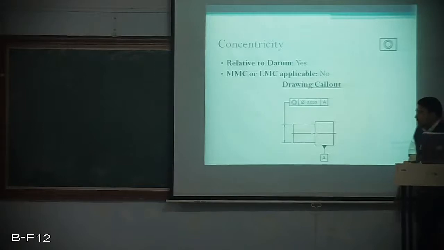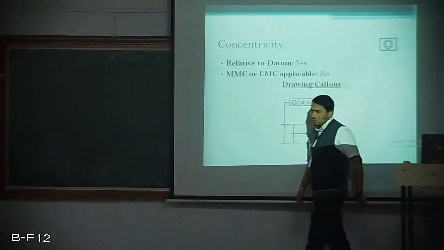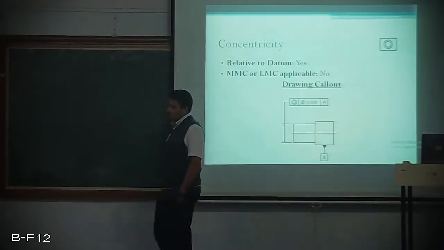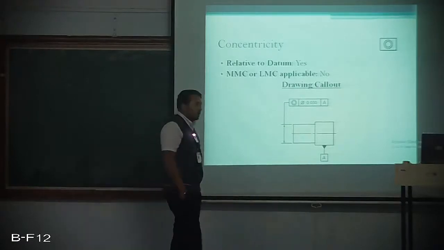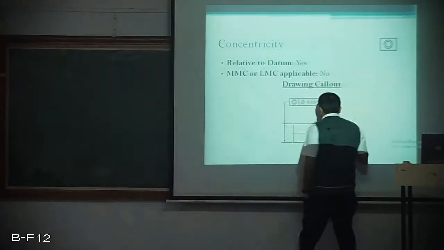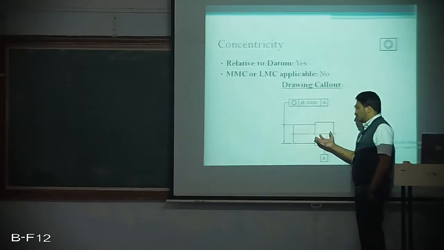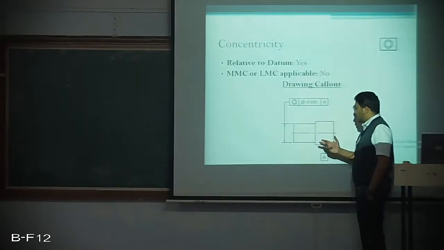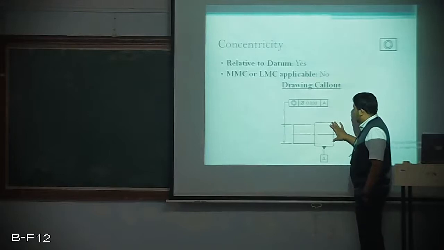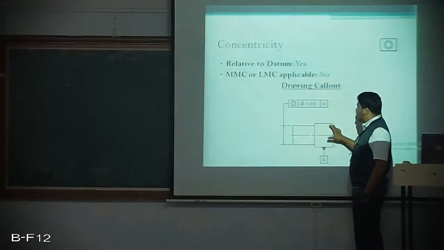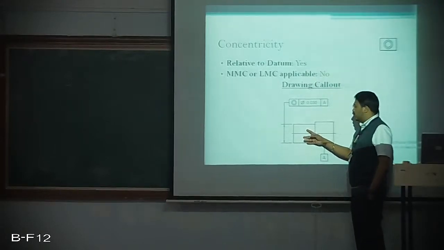Concentricity. Coming back to concentricity, as I told, it is mainly used for stepped shafts. Here a two-step shaft is taken as an example. This is the step of maximum diameter, and this is the step of minimum diameter.